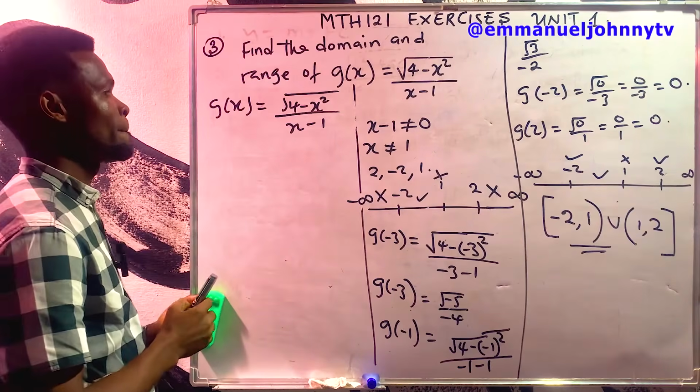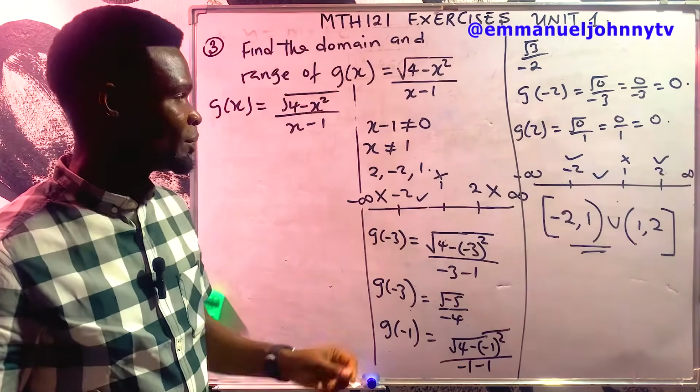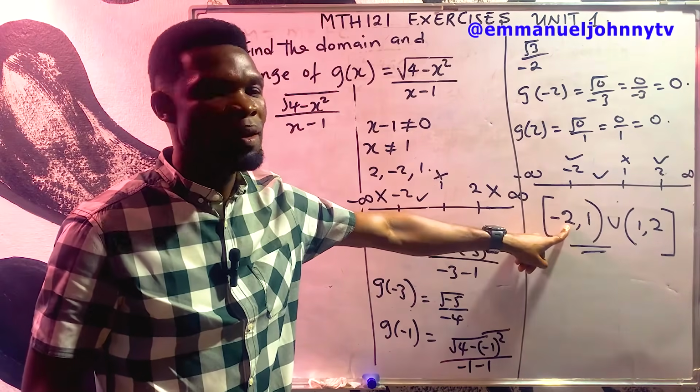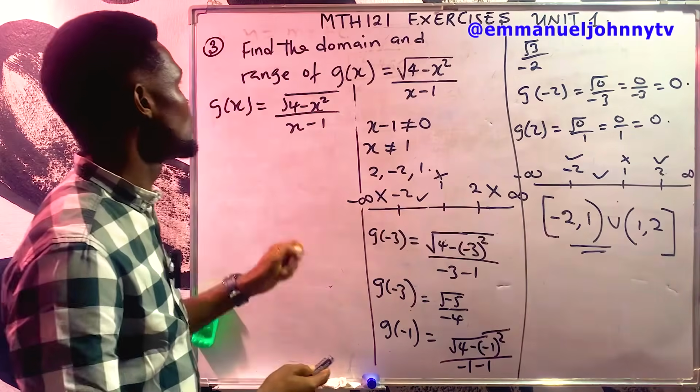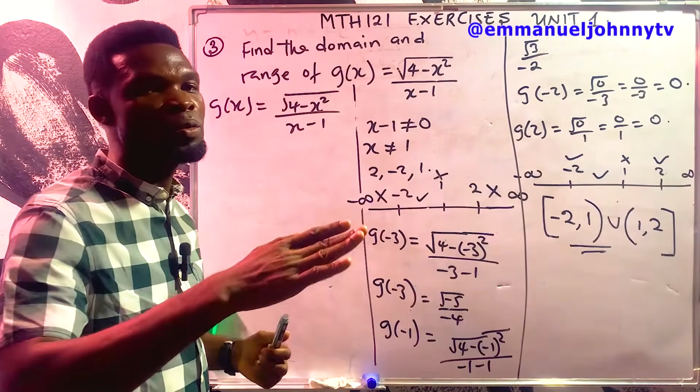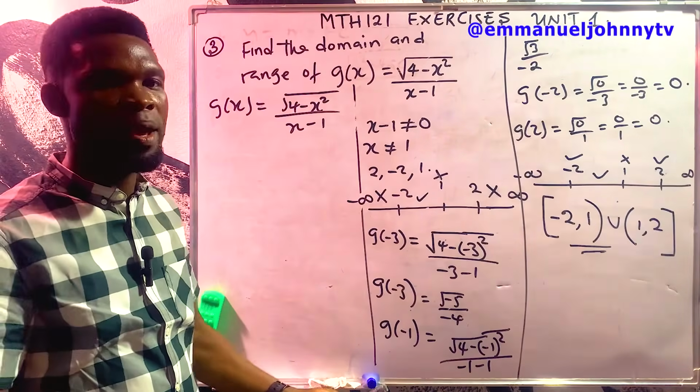I can test the values here. Look, I have -2. If I put -2 in this function, what will I get? Remember, range has to do with the output values of y.